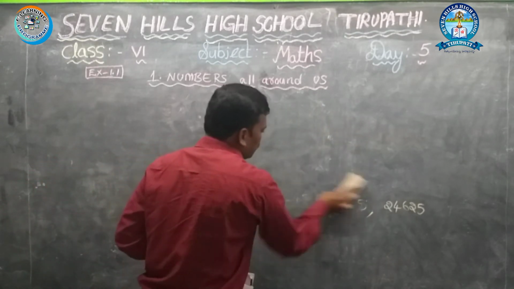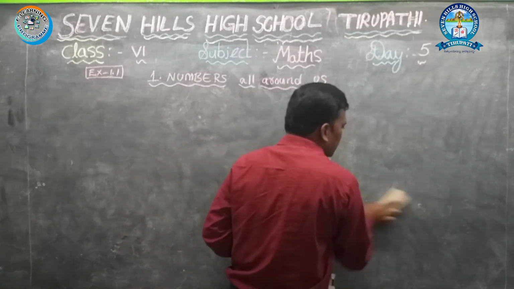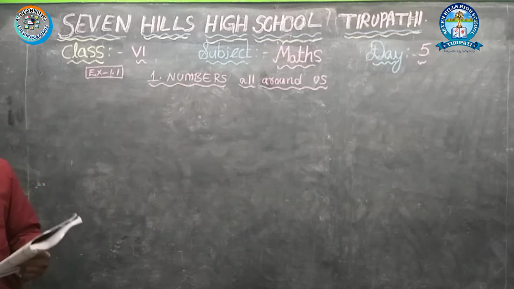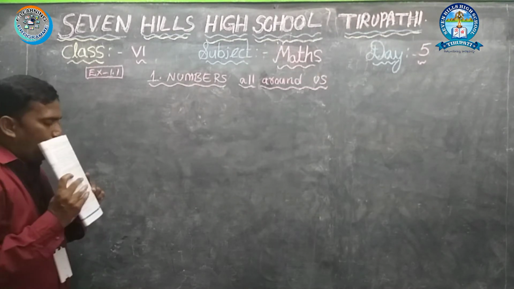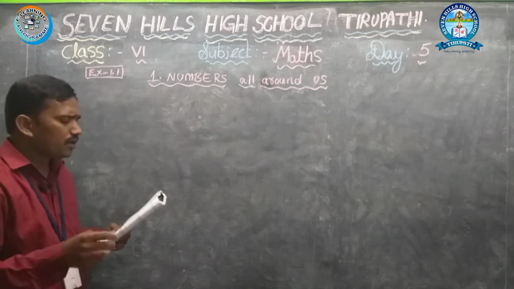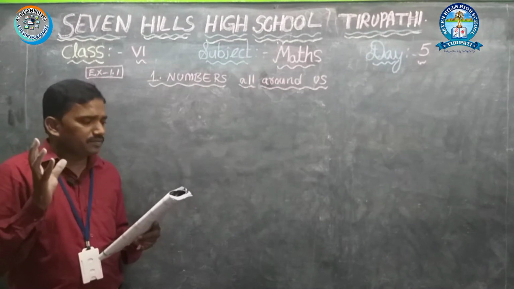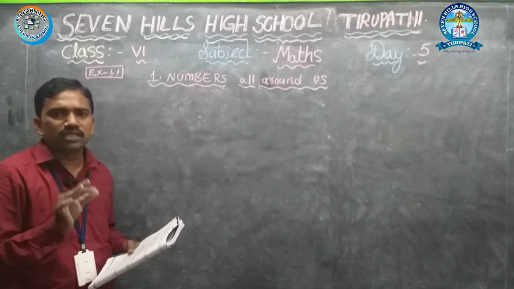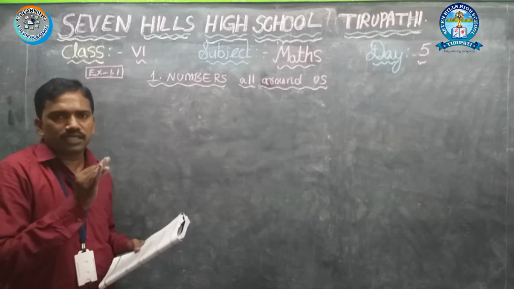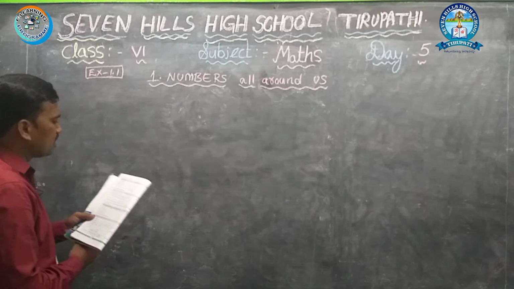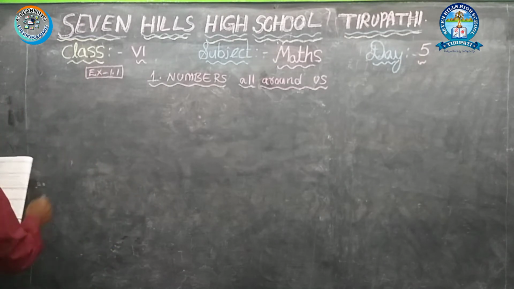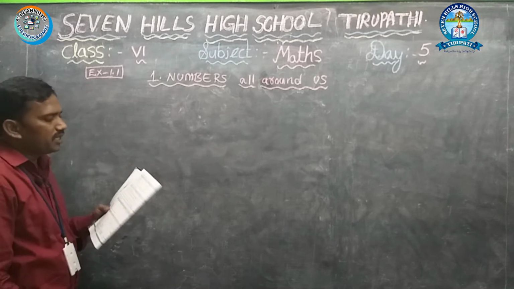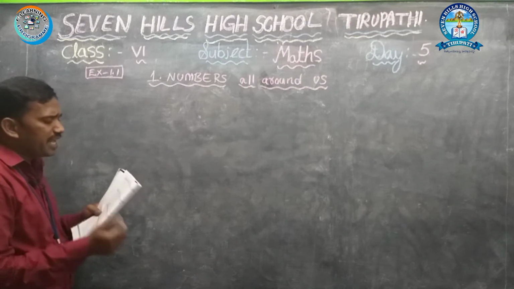Ones, tens, hundreds, thousands, 10,000s, lakh, 10 lakh, crore. Here the third Roman numeral is to write the numbers in word form, that is, you want to write the number name.